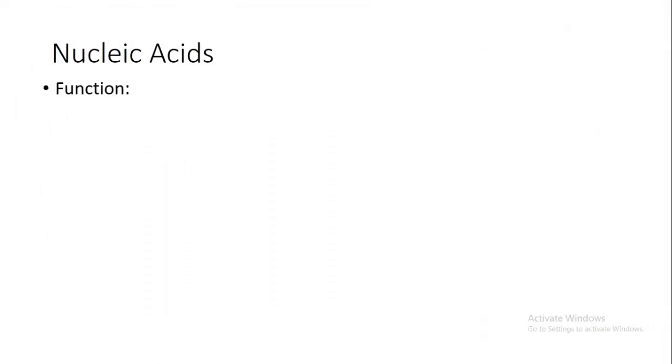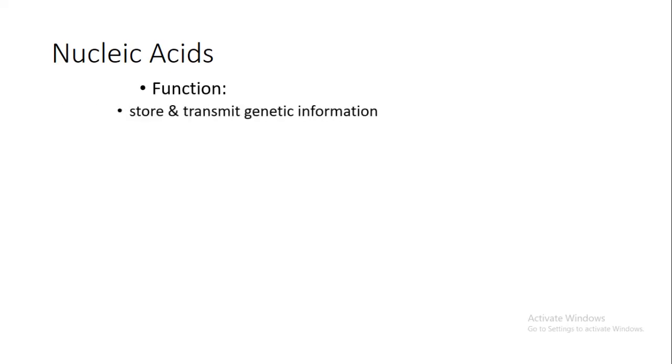So basically, when you talk of the nucleic acid, their function is just to store and transmit genetic information. You need to look at your family and you're going to understand that there are some genetic characteristics that you had to inherit from both your parents.